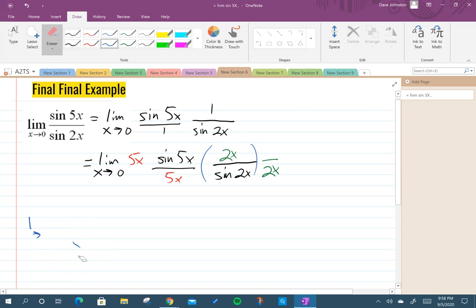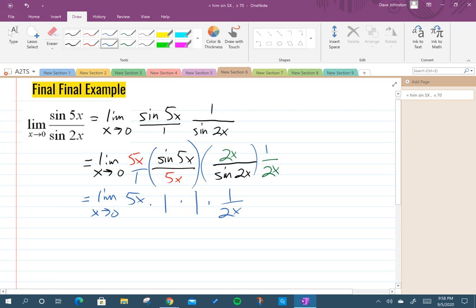It's not too exciting. Anyway, so let me get back to this stuff, marking this up, and I'm now looking at still writing out the limit as x approaches 0 because I haven't done any direct substitution yet. I know that the sine of 5x over 5x is 1. I know that 2x over the sine of 2x is 1, and I've got 1 over 2x there.